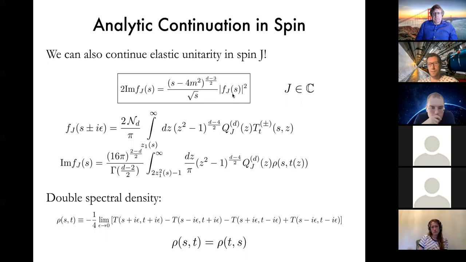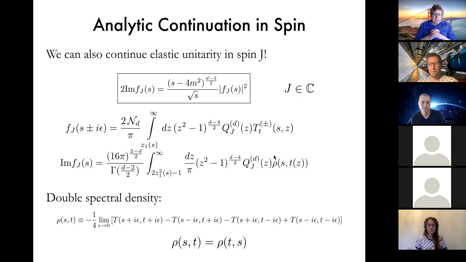So we start with elastic unitarity being a statement about the S matrix being a pure phase for real J, but now you get an equality for any J. These f's are now defined through this Froissart-Gribov integral, and the right-hand side I was just explaining, we just derived it. And on the left-hand side, you take the imaginary part, defined by taking the discontinuity, f_J(s+iε) minus f_J(s-iε), and then it gives you a second discontinuity in s.